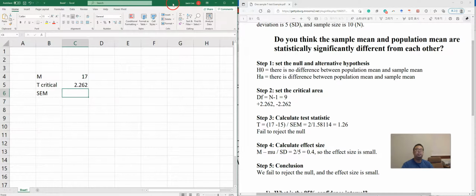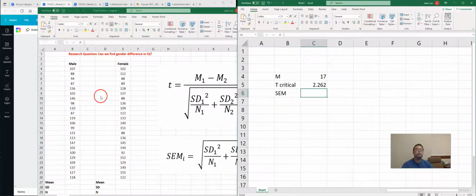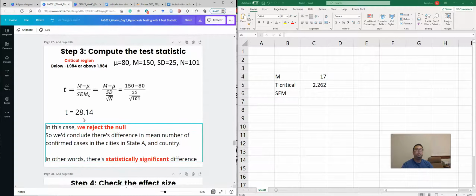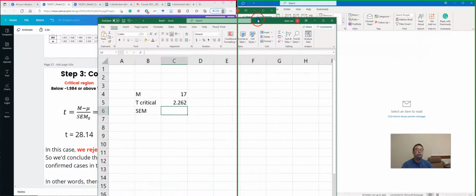Sampling error, SEM, let me calculate that. So the sampling error is standard deviation, let me show you how to calculate it.